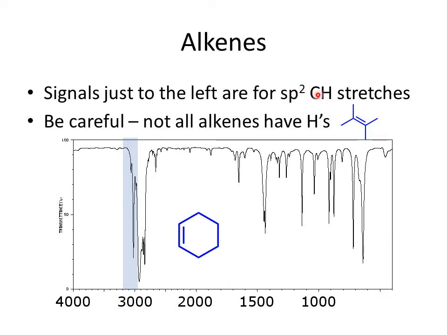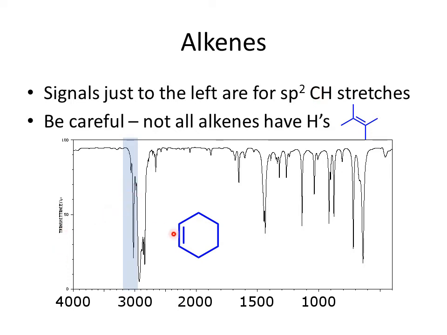The sigma bond in an alkene CH is made up of the overlap of an sp2 carbon orbital and a hydrogen s orbital, whereas the sigma bond in an alkane CH stretch involves an sp3 to a CH. Different force constant, different frequency.